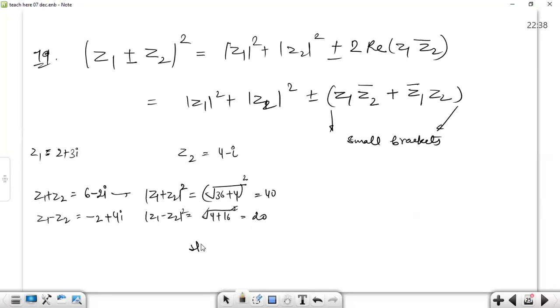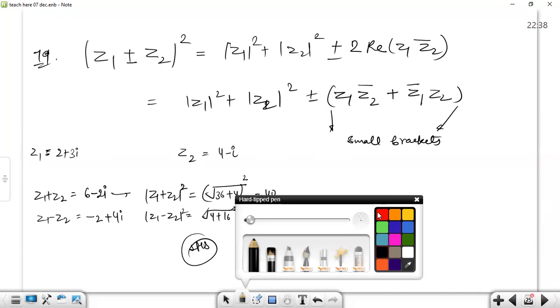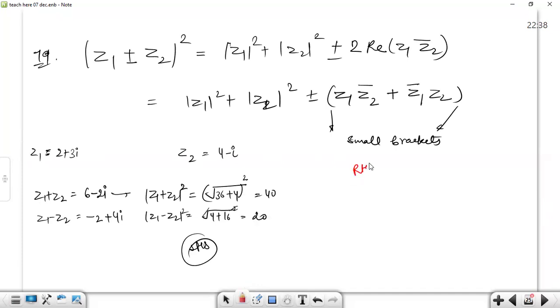So this is the LHS. Let's find out the RHS. Z1's modulus square is 4 plus 9, that is 13. And Z2's modulus square is 16 plus 1, that is 17. So the right hand side says 13 plus 17 plus minus 2 into real part.